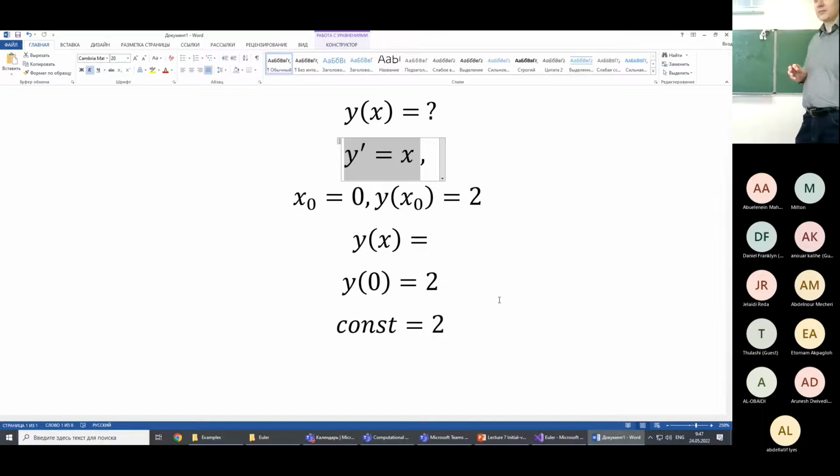Another one. Of course another, because this answer is wrong. The derivative of x squared, y prime, equals 2x, but our problem statement is that y prime equals x.